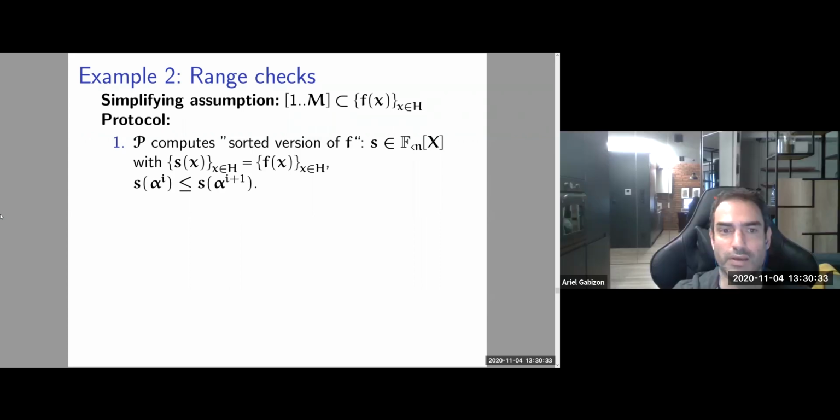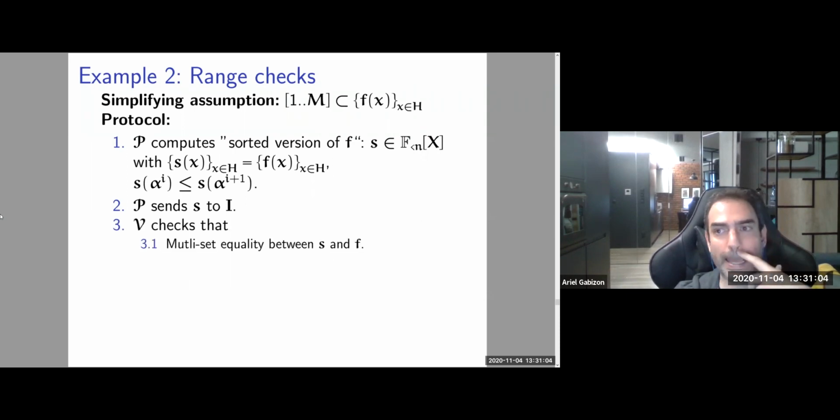Okay. So how the protocol works is P will compute a sorted version of f, S, which is some polynomial getting the same values, but S of alpha to the i is going to be smaller than S of alpha to the i plus 1. P is going to send this sorted version of F to the ideal party.